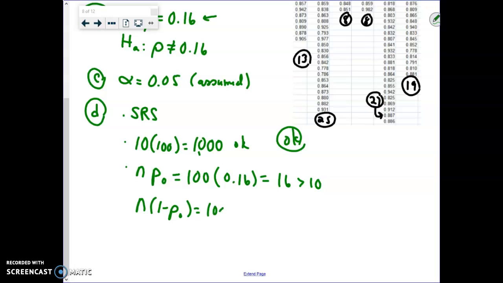And that would be 100 times 0.84, and that is equal to 84, which is also greater than 10. Again, if any of these three conditions right here didn't work, then we would have to stop because we can't use a normal distribution. So now let's go to part E then.